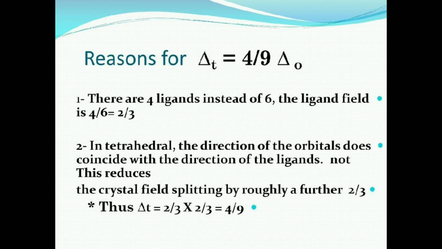Second, in tetrahedral complexes, the direction of the orbitals does not coincide with the direction of the ligands. This reduces the crystal field splitting by roughly a further 2/3, and thus delta T is equal to 2/3 into 2/3, which is 4/9. So this is the reason that delta T is equal to 4/9 times delta O.